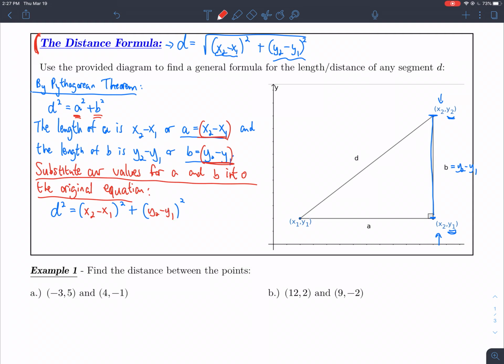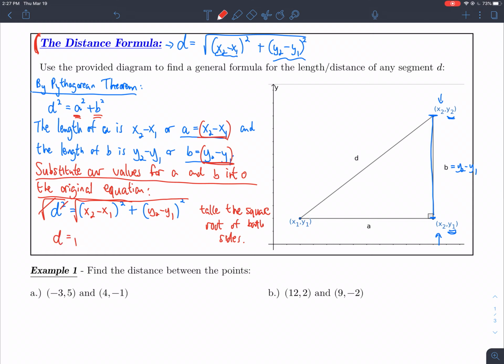Well, wait, that's very, very close to the distance formula. So all I need to do now is take the square root of both sides. If I take the square root here, and the square root here, the square root of a square cancels.